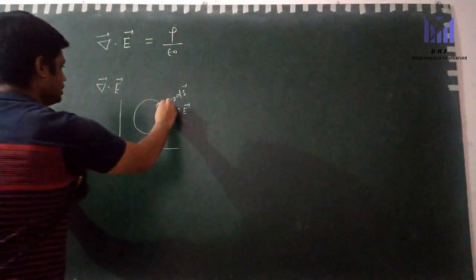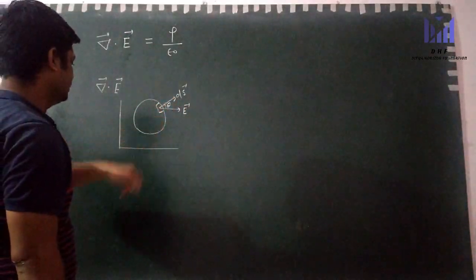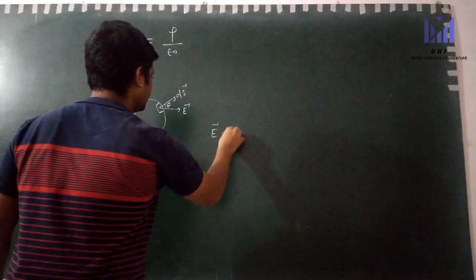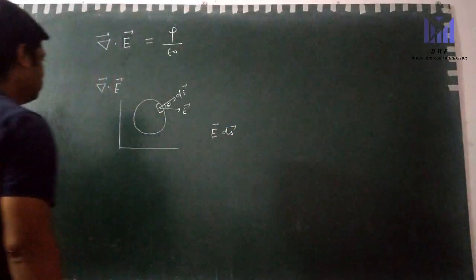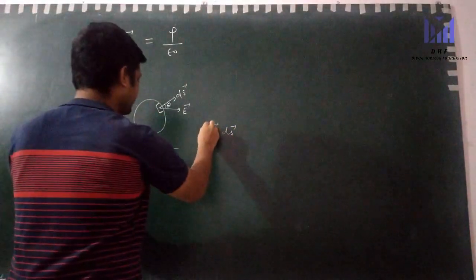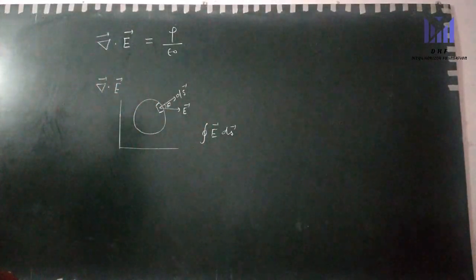Okay, let's say the angle between them is theta, and we calculate E dot ds. We calculate E dot ds at every point on the surface, and then integrate it along the whole closed surface.